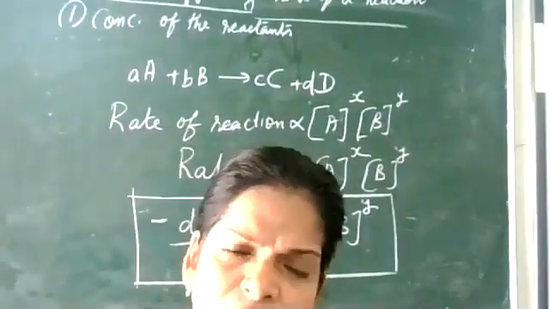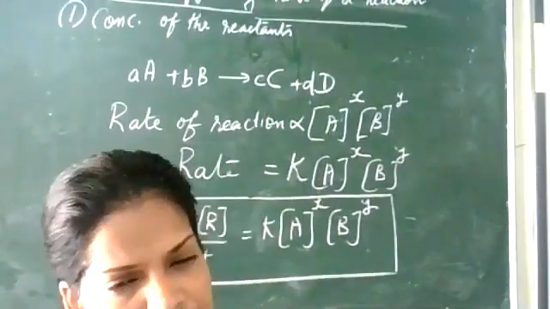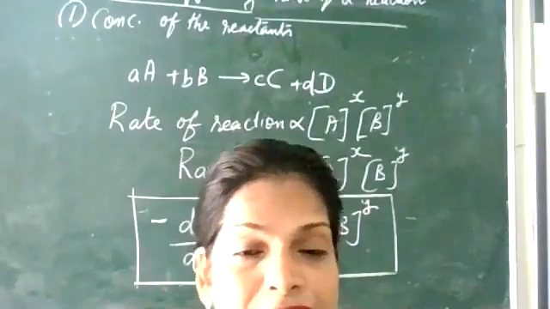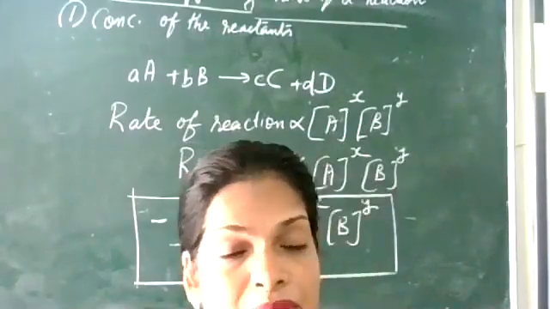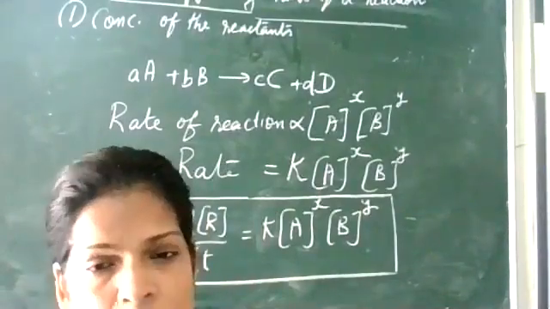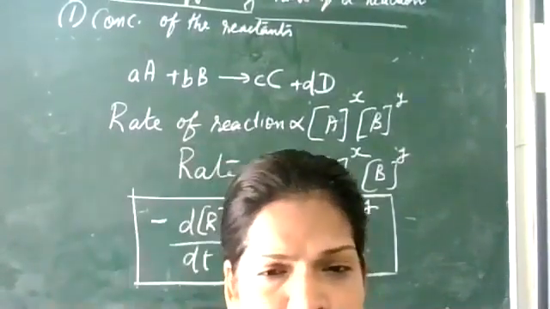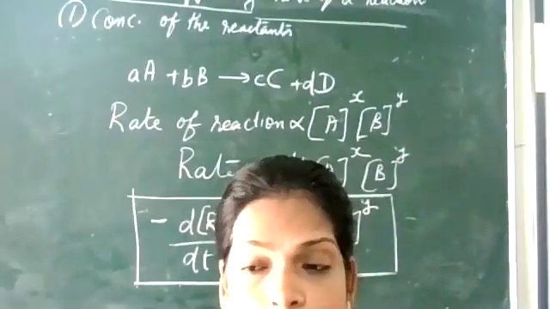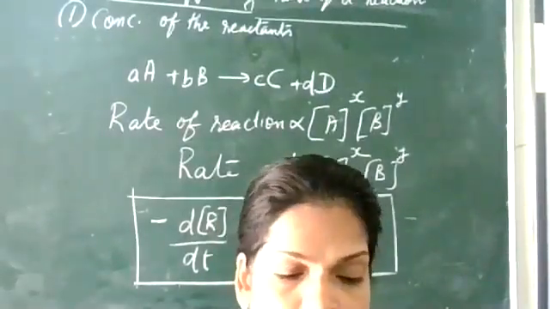This x can be fractional, y can be fractional, x can be 0, y can be 0, x can be negative, y can be negative. All possible numbers are possible here. X plus y is the overall order of the reaction.